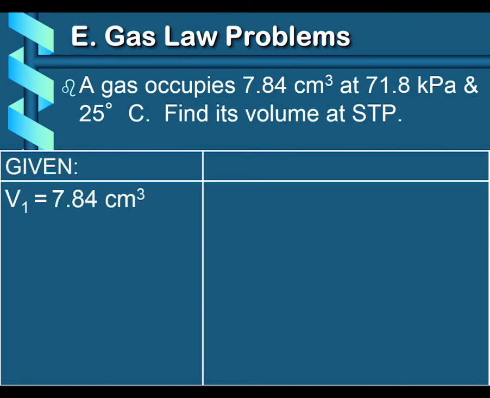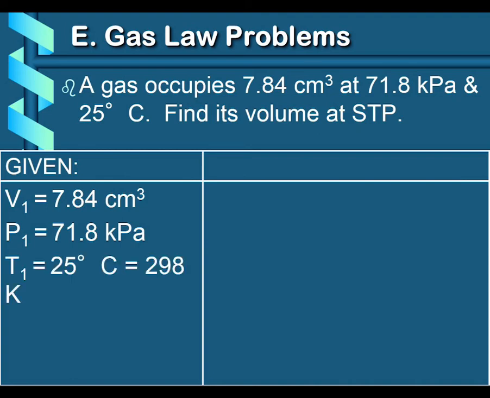So volume 1 is given, pressure 1 is given, and temperature 1 is given, but it has been changed to Kelvin, so that is 298 Kelvin. Then volume 2 is what we're looking for, that STP, standard temperature and pressure. Pressure, again, is from the pressure units I gave you earlier. That is what's equal to 1 atmosphere, but in kilopascals.